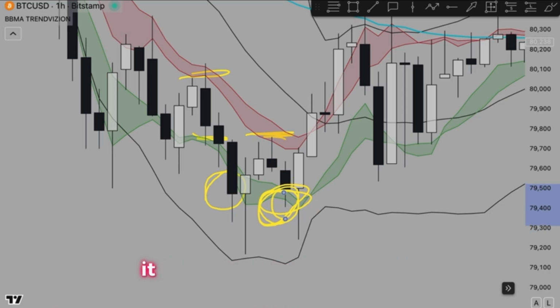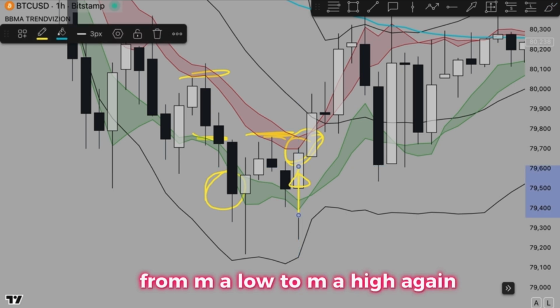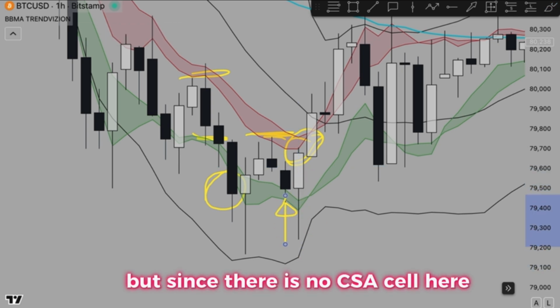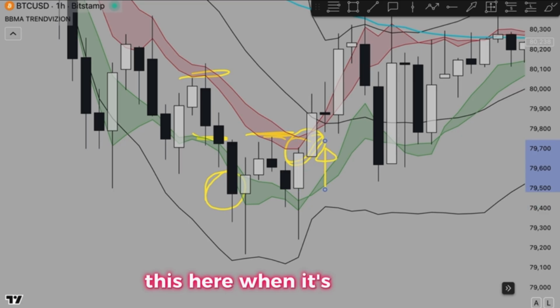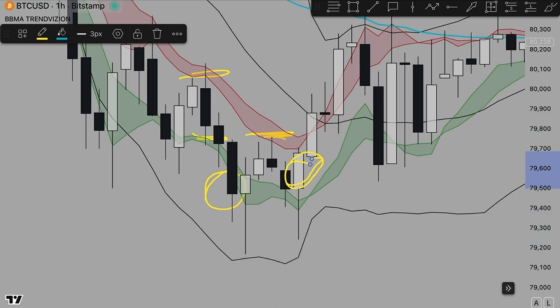And after that it basically returns to MA high here, from MA low to MA high again. But since there is no CSA sell here, when it's at MA high, it's not a re-entry. So that means when it's not a re-entry, it shouldn't really go down, right?